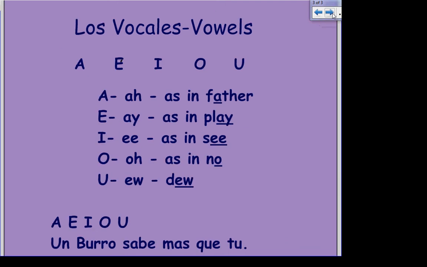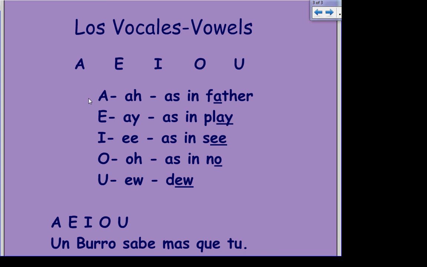Let's look at the vowels real quick. Just a reminder about the vowels. The vowels in Spanish are really nice because their sound is their name. So for example, this letter name is A. That's how we pronounce it, A. But it's also the sound that it makes.